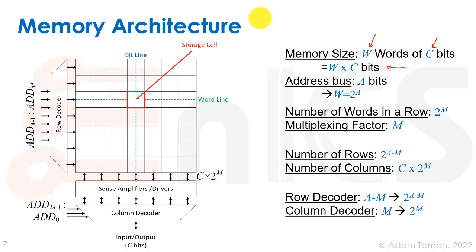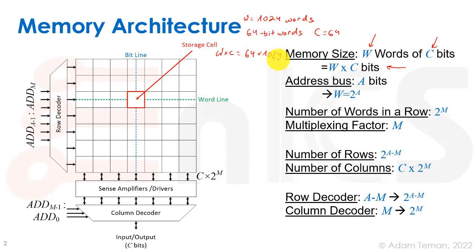So if we said that we have 1024 words, that means W equals 1024, and we have 64-bit words, that means C equals 64. We have a total number of W times C that equals 64 times 1024.